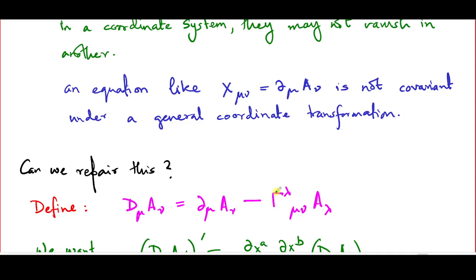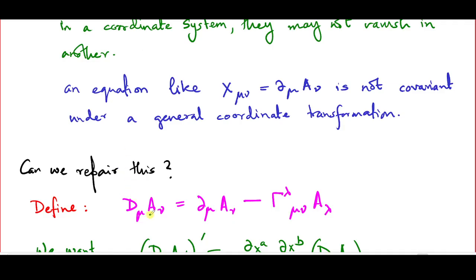So the kind of expression that you can write down, which is not going to be covariant, but will at least obey my rules for placement of indices properly, is one in which you have a coefficient with a lambda index upstairs, where lambda is a dummy index summed over, and mu nu downstairs, on this capital gamma. The gamma lambda mu nu are functions, of course, at this stage, which are somehow designed to get rid of the non-covariant term in del mu nu.